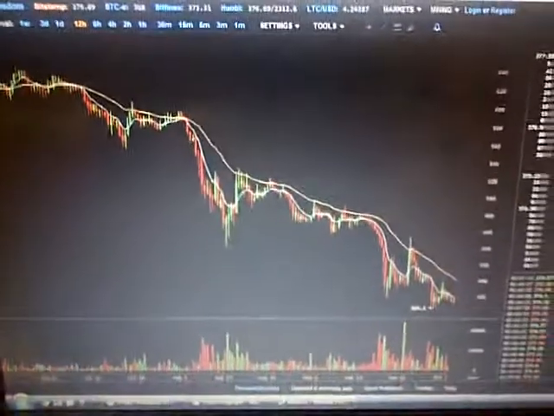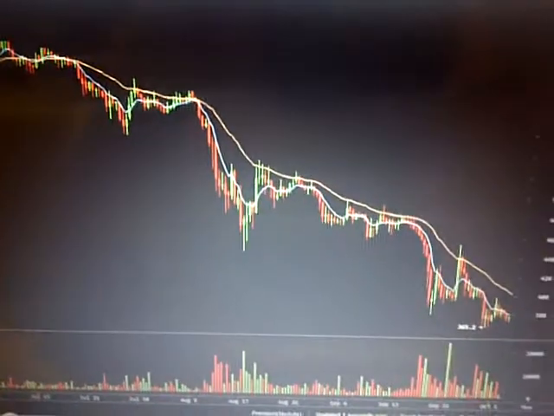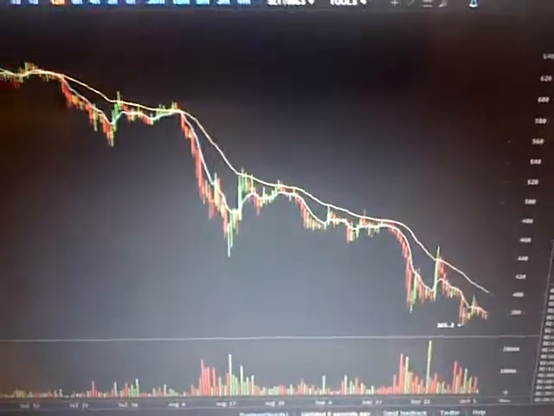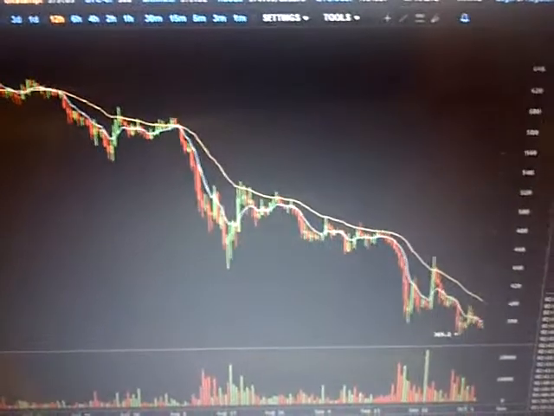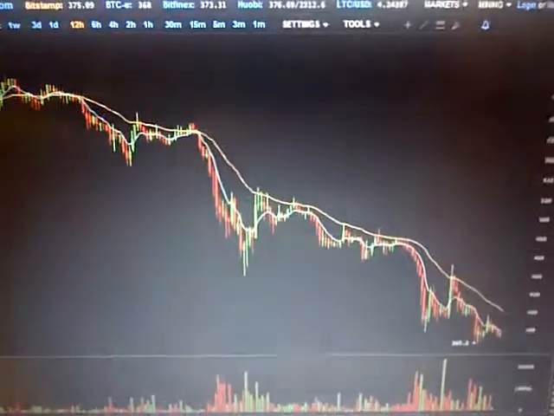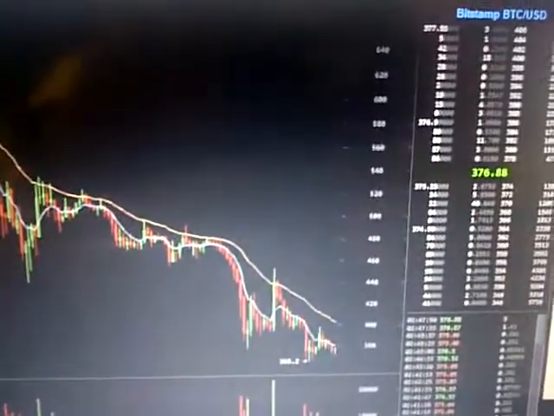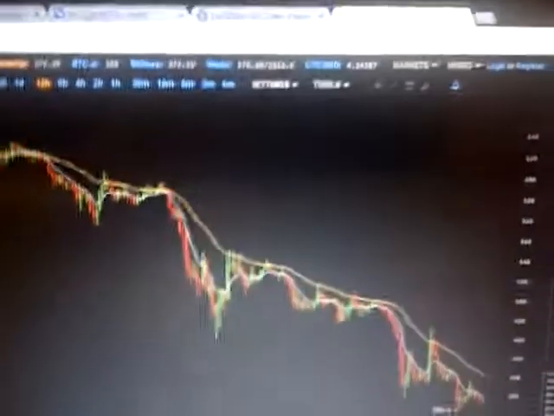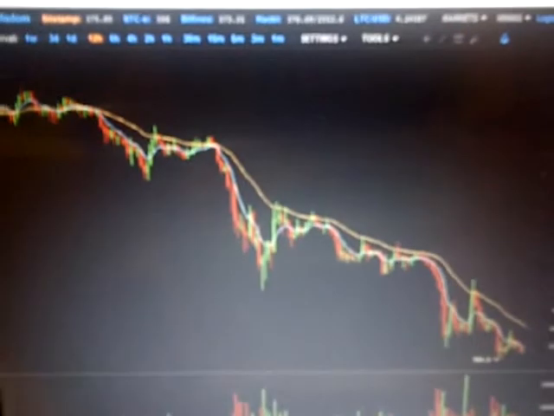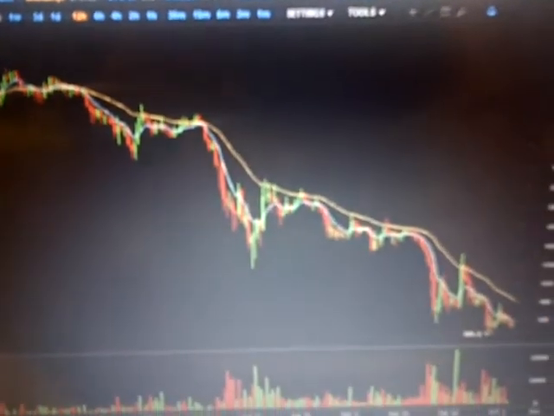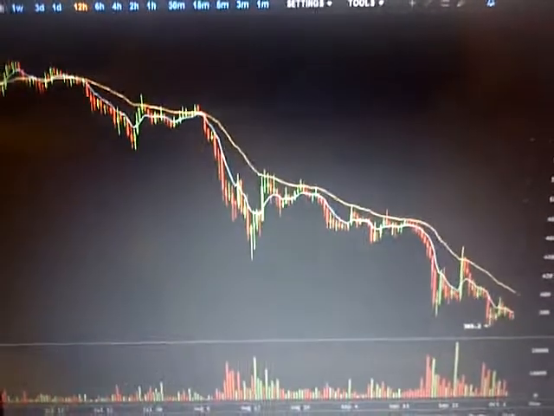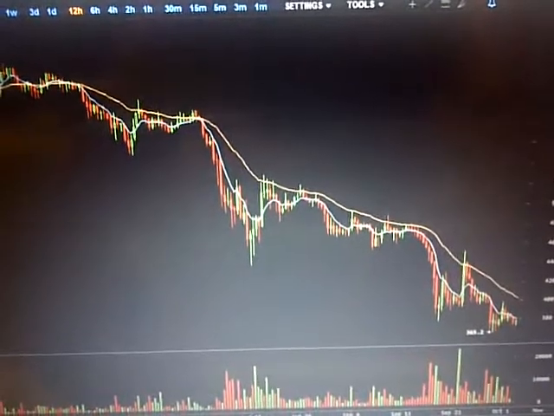In this episode, I'm going to basically do a chart analysis. If you just look at this chart, it's a 12-hour and it's Bitstamp, okay? You can kind of tell that it's been going down in price.